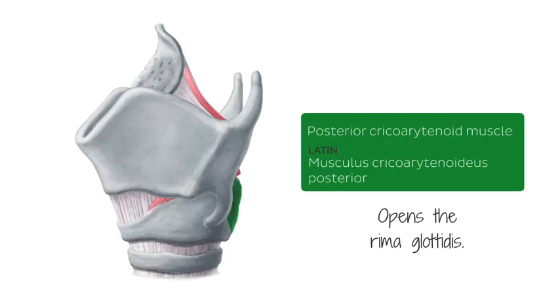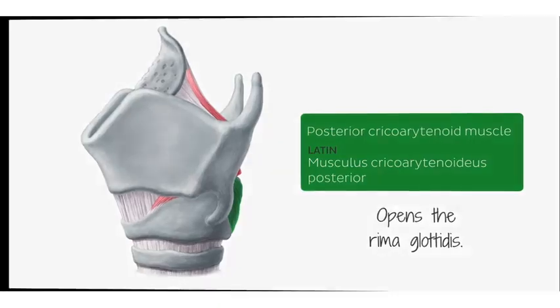There are other muscles that contribute to the closing of the rima glottidis: the lateral cricoarytenoid, the transverse arytenoid, and also the oblique arytenoid muscle. So write it down that this list of muscles will actually do the opposite function of the posterior cricoarytenoid muscle.